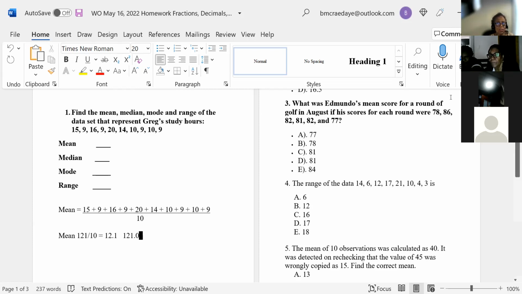Look at the screen, Alva. 15, 9, plus 9, plus 16, plus 16, plus 9, plus 9, plus 20, plus 20, plus 14, plus 14, plus 10, plus 10, plus 9, plus 9, plus 10, plus 10, plus 9, plus 9, and then enter.